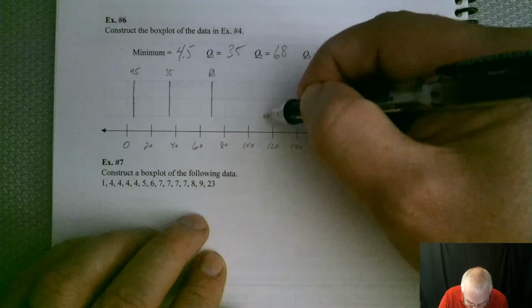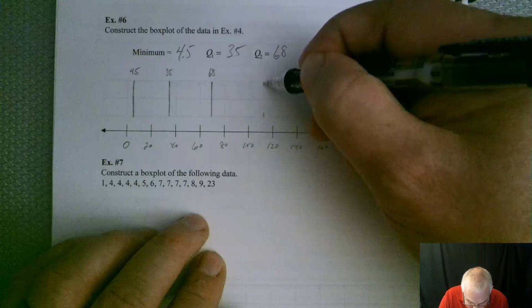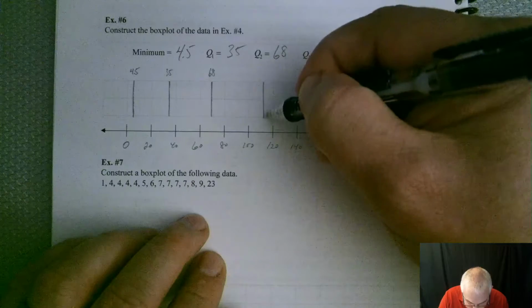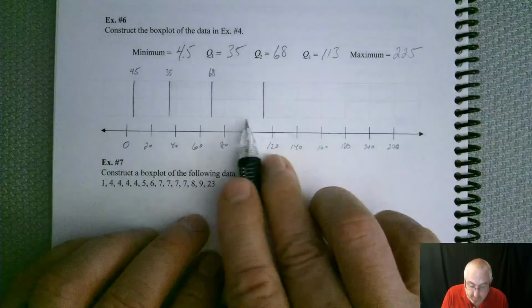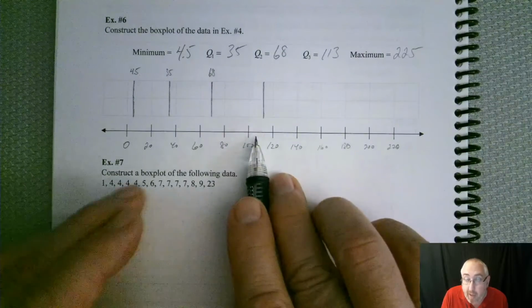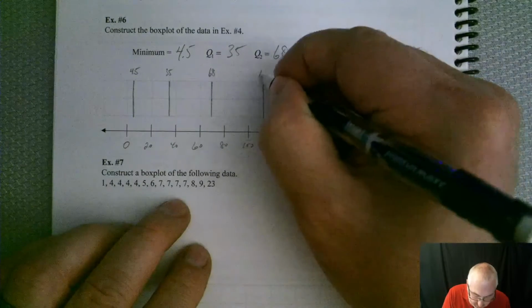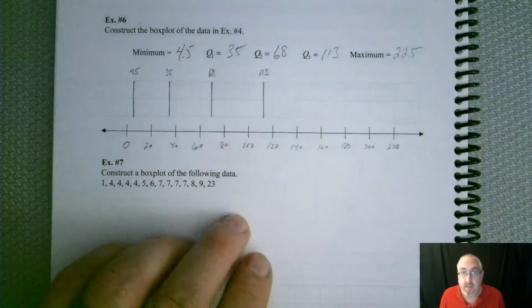So again, try to get it as close and logical as you can. Obviously, you don't want to put 113 closer to 110. Just try to make it make sense.